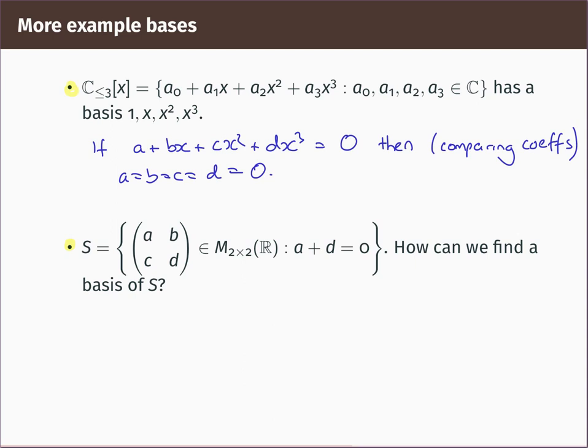But let's say we wanted a basis for this. So how could we find one? A basis, remember, consists of a sequence of elements of S. They really must be elements of S, which are linearly independent and which are a spanning sequence. To help us find such a sequence, it helps to write out an expression for an arbitrary element of S in a slightly different way, because we know that A plus D must be 0, so one of the variables is redundant.